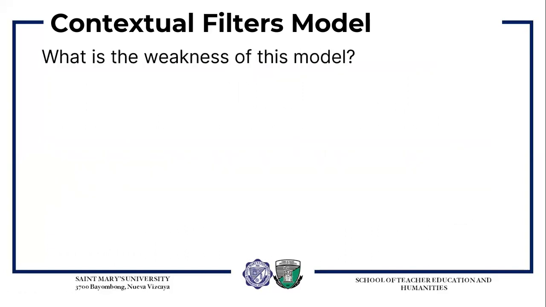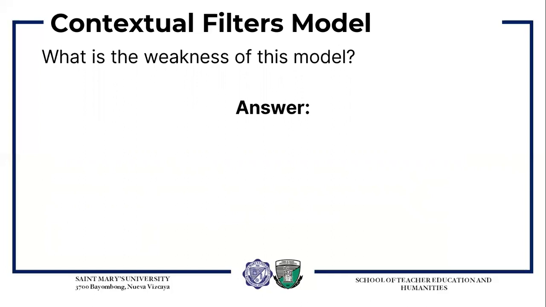Now, what is the weakness of this model? There is one very important weakness that we need to take into consideration if we will follow this model for curriculum development. However, again, to reiterate, this model is very useful for higher education or college level, not so much for elementary and high school levels.